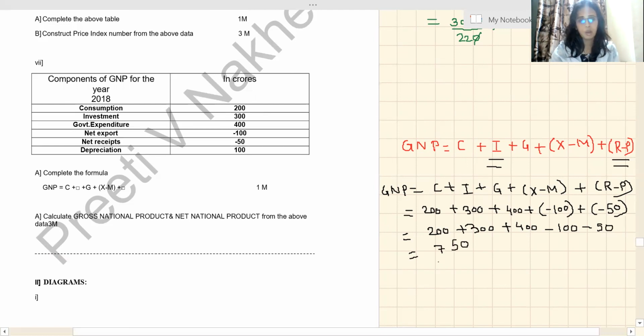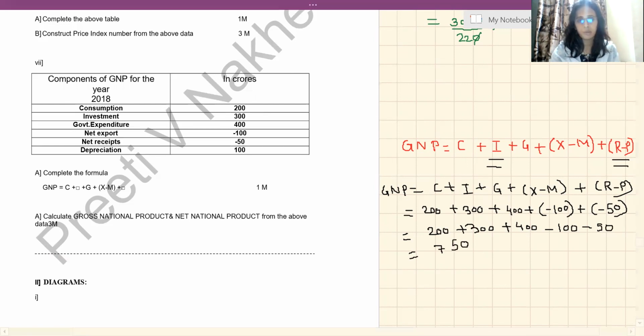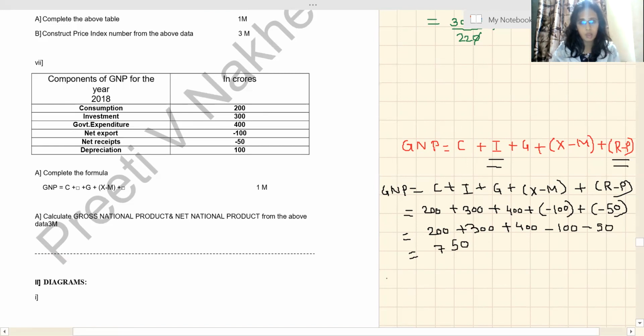And the last part, they have asked you to find out the NNP. NNP is nothing but GNP minus depreciation. I have already calculated GNP, that is 750.